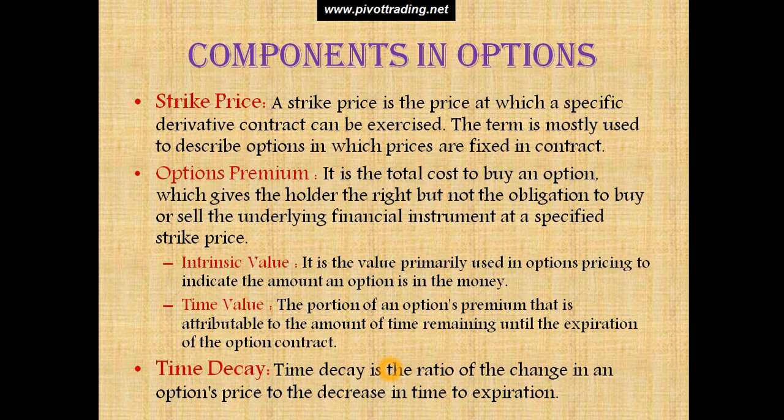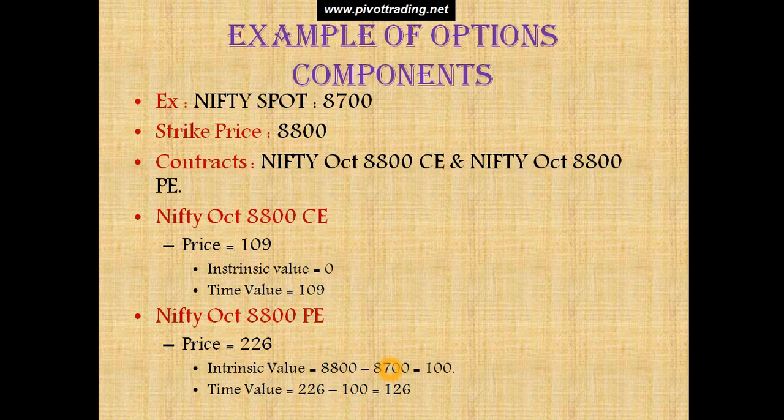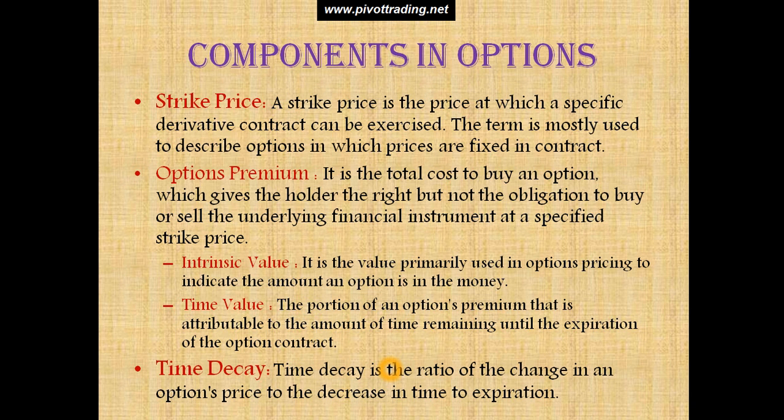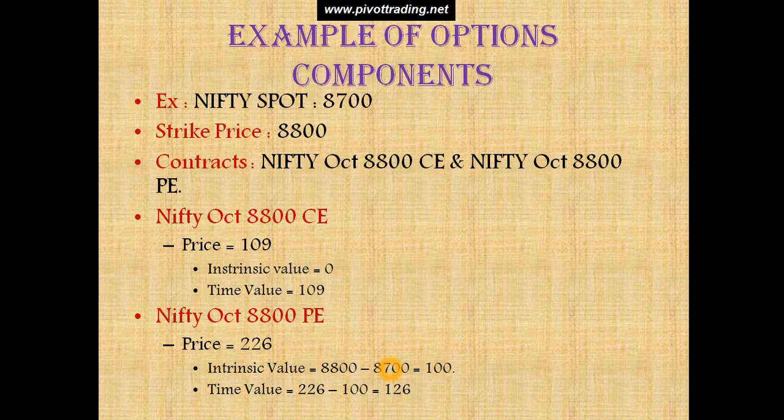So this is what is called time decay. The price of the options keeps changing as time progresses towards the expiry. Now, whatever I explained in this slide, strike price, option price, intrinsic value, time value, and time decay, let me explain with the help of an example with a few numbers so that you understand what these things mean.